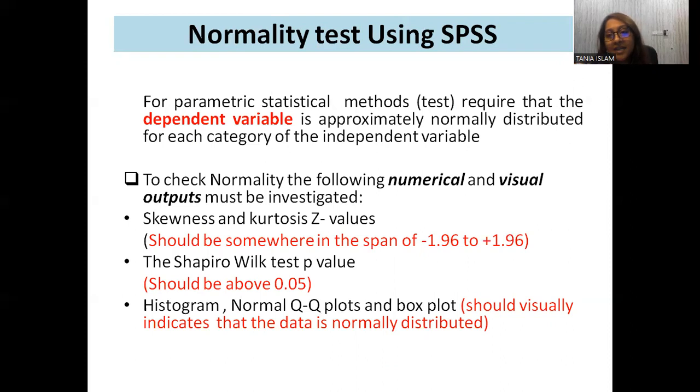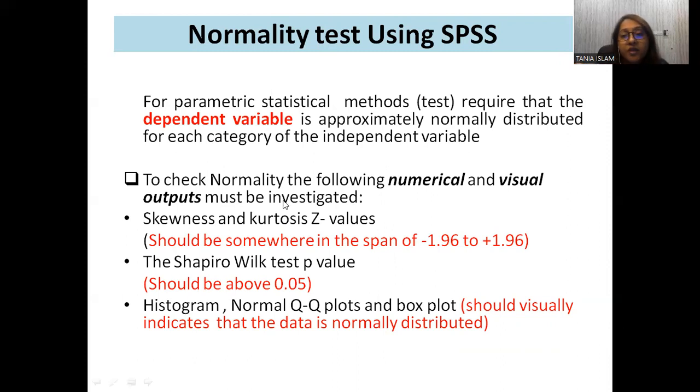So you must explore for each category of independent variable. If I have different sex, male and female, then I will run the normality test for the satisfactory score for both male and female separately.